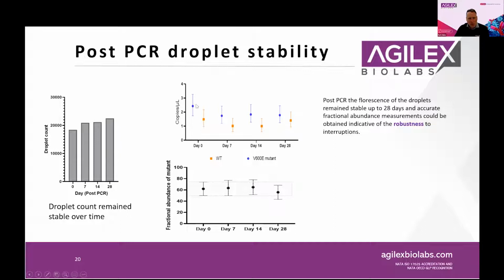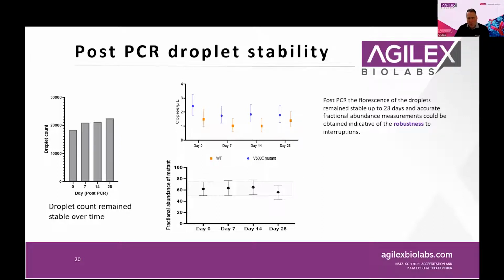But reliably we were able to detect similar differences between the wild type and the mutant in terms of copies per microliter, very consistently in terms of the fold difference over the 28-day period. So the fluorescence remains stable for up to a month, and you can accurately detect those fractional abundance measurements.